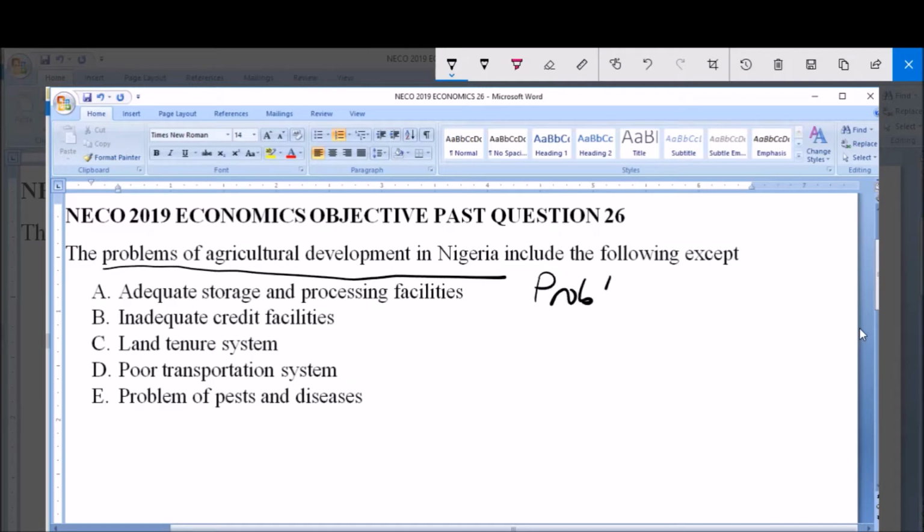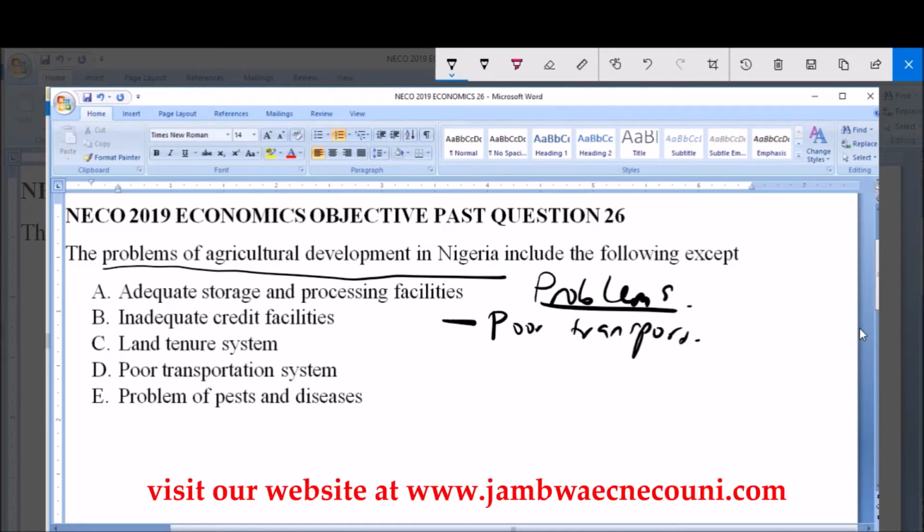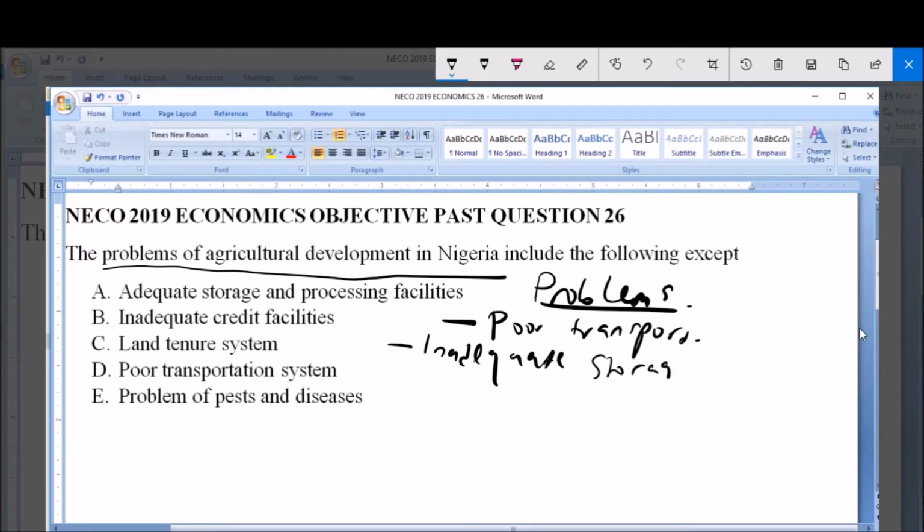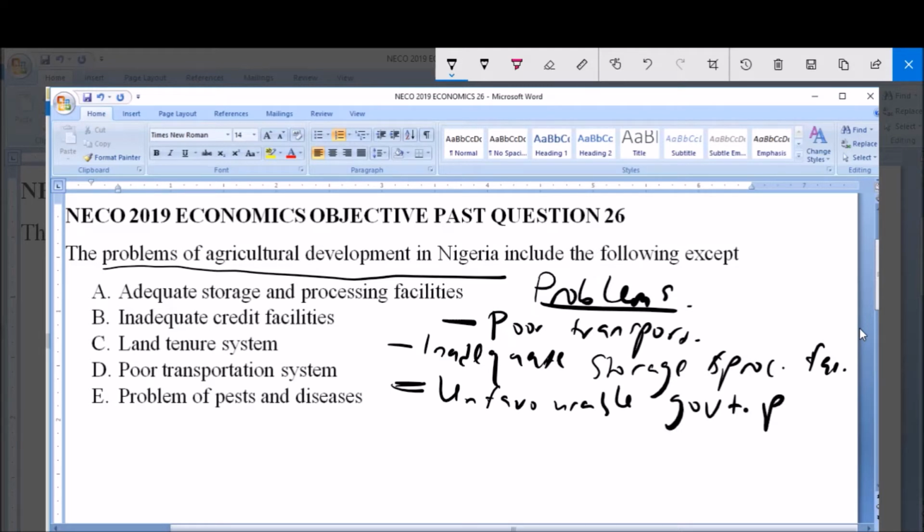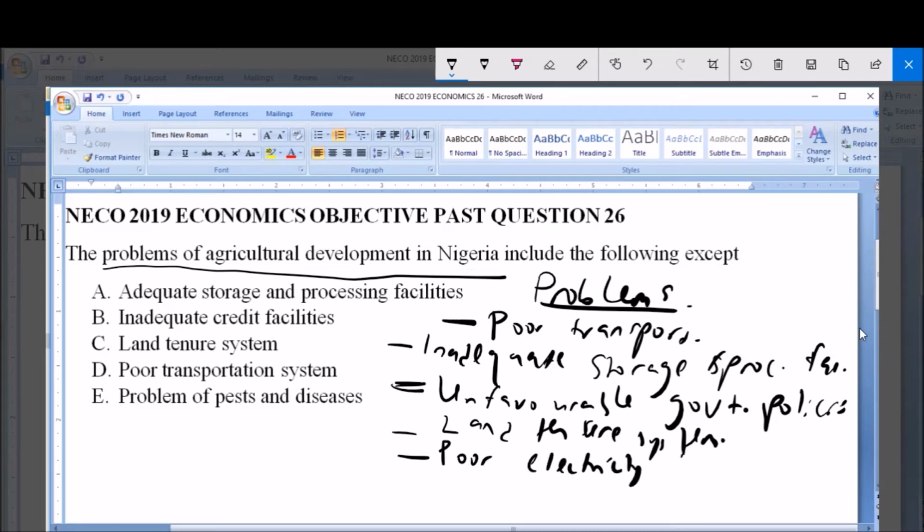Now, the problems of agricultural development in Nigeria are numerous, can range from poor transportation system, so poor transport, to inadequate storage and processing facilities, to unfavorable government policies, to land tenure system, poor electricity supply, and so on and so forth.